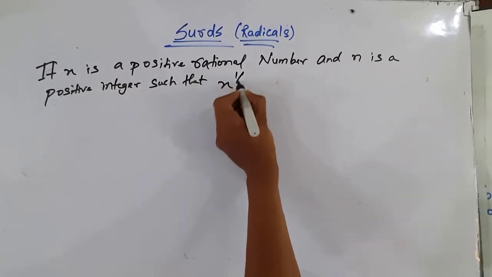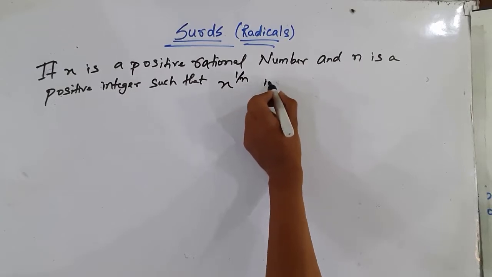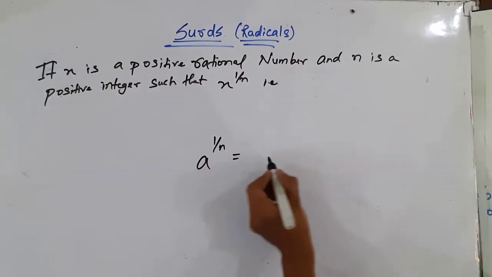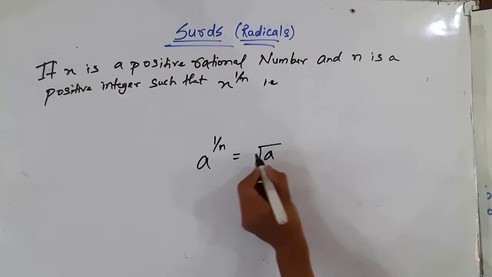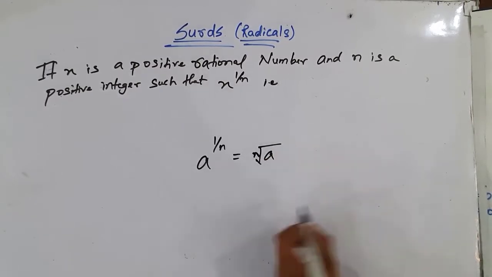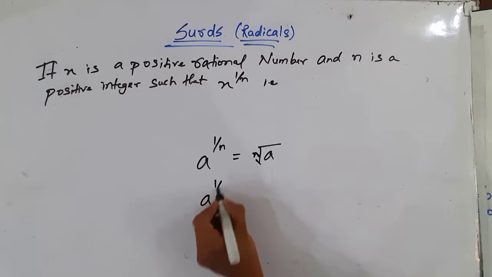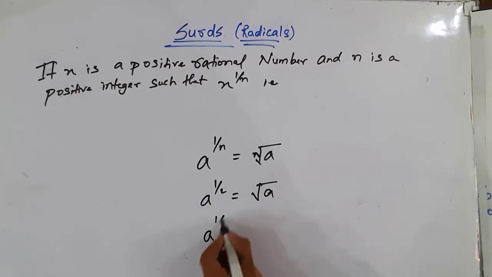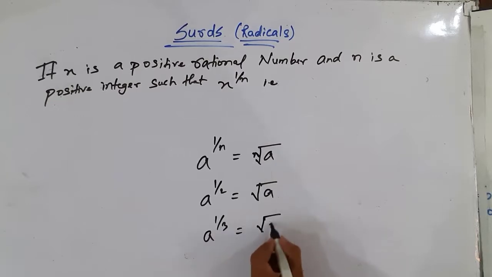x to the power 1 upon n, that is, we all know that a to the power 1 upon n can be written as the nth root of a, and here we have to place n. As we write a to the power 1 upon 2, it is square root a. A to the power 1 upon 3 is cube root a.